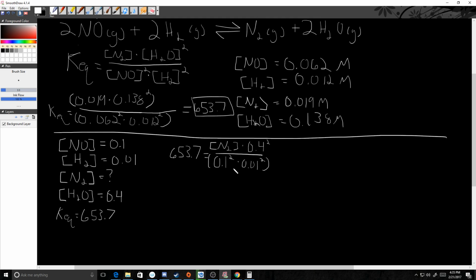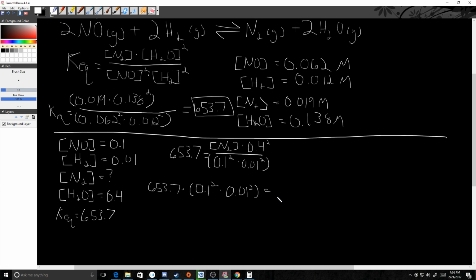The big thing, though, is we're pretty much just doing algebra to get N2 by itself. So the first thing we're going to have to do is multiply both sides by this 0.1 squared times 0.01 squared, just to make sure that we're getting that out of the denominator. So we're going to have 653.7 times parentheses 0.1 squared times 0.01 squared.